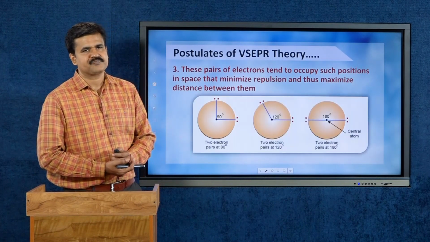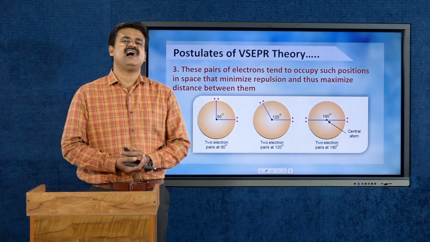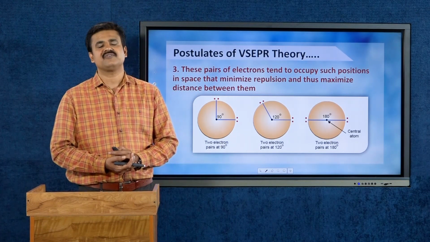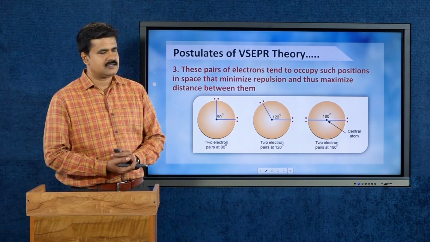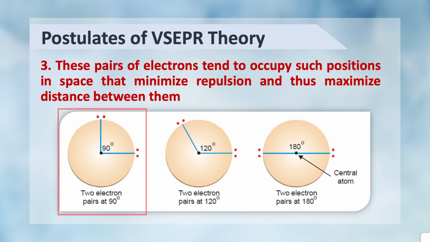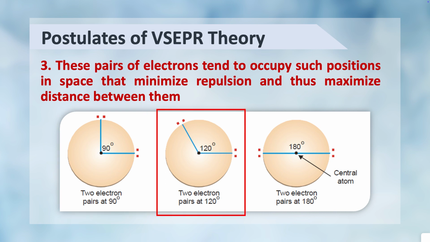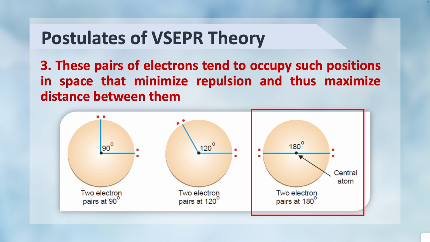This represents the arrangement of two pairs of electrons, two bond pairs, at different angles. In the first situation, the angle between the two electron pairs, marked as the blue line, is 90 degrees. In the second case, the angle is increased to 120 degrees, and in the final arrangement, the angle between the two electron pairs is taken as 180 degrees.